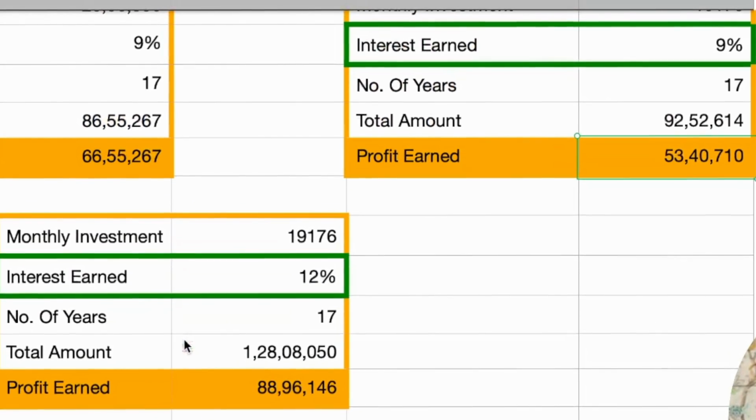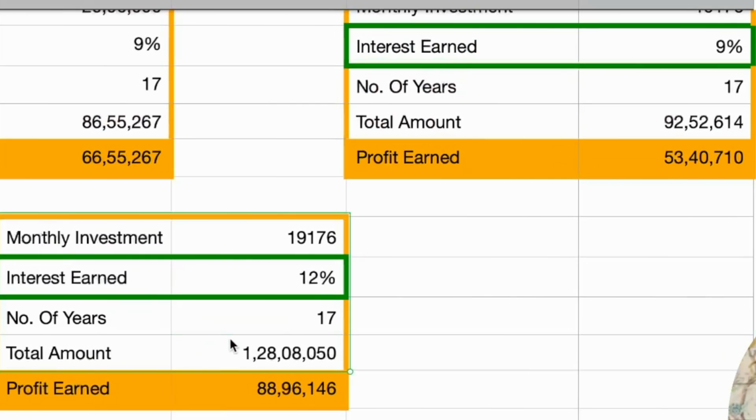Now what I have also done is taken another example where I have factored in similar investment on a monthly basis, but I have considered a return of 12%. So if you consider Nifty and somebody has invested in an index fund, a plain vanilla index fund, in a span of 17 years, the index has given a return of around 12% on average. So I'm just considering that.